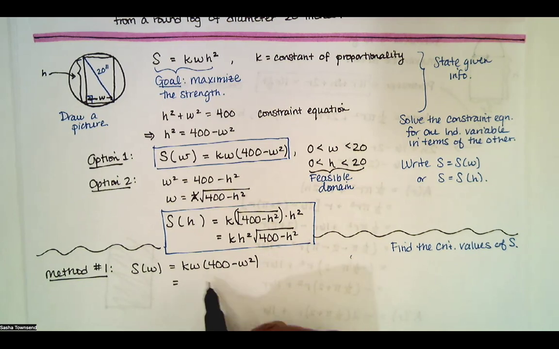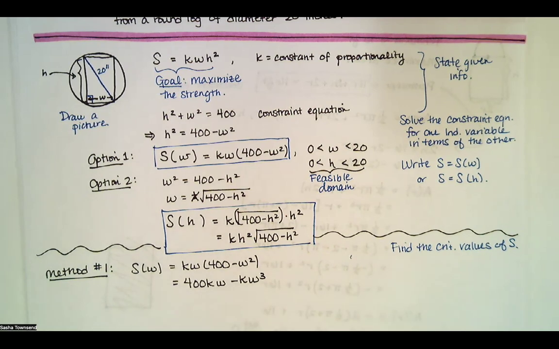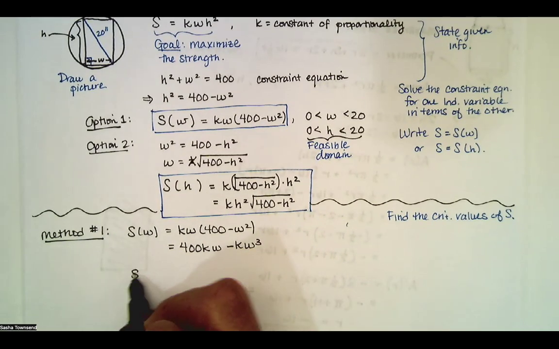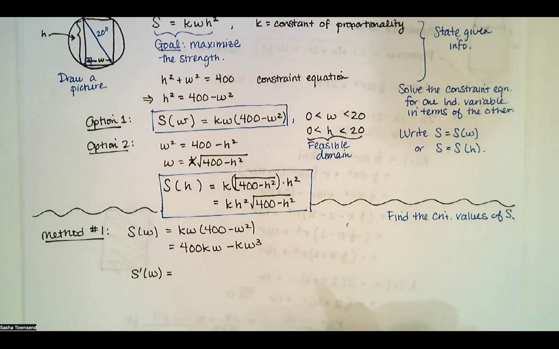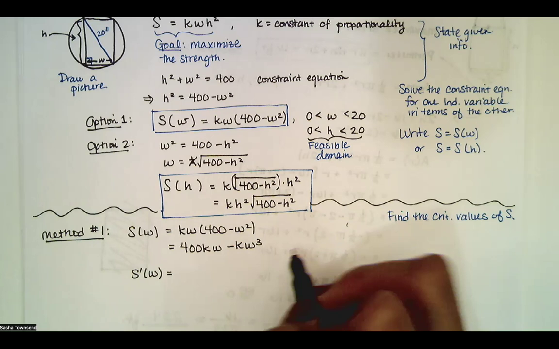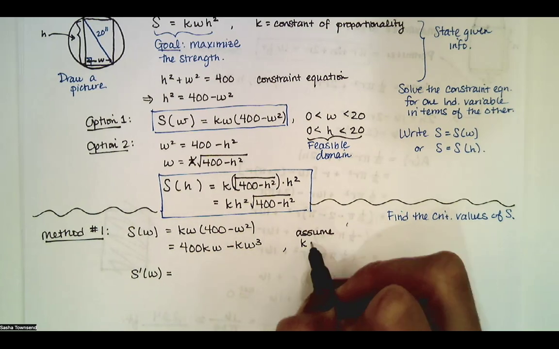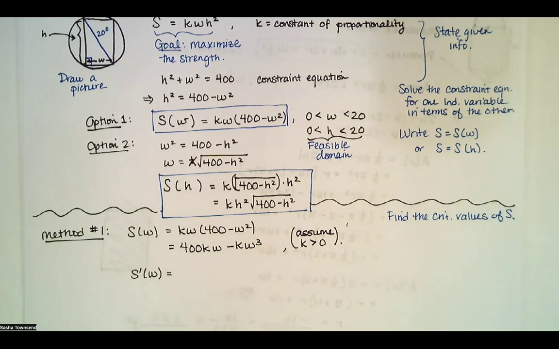Distribute that constant times W. And then we will take the derivative. Now I will assume that K is positive, because I'll assume that the strength is a positive number.